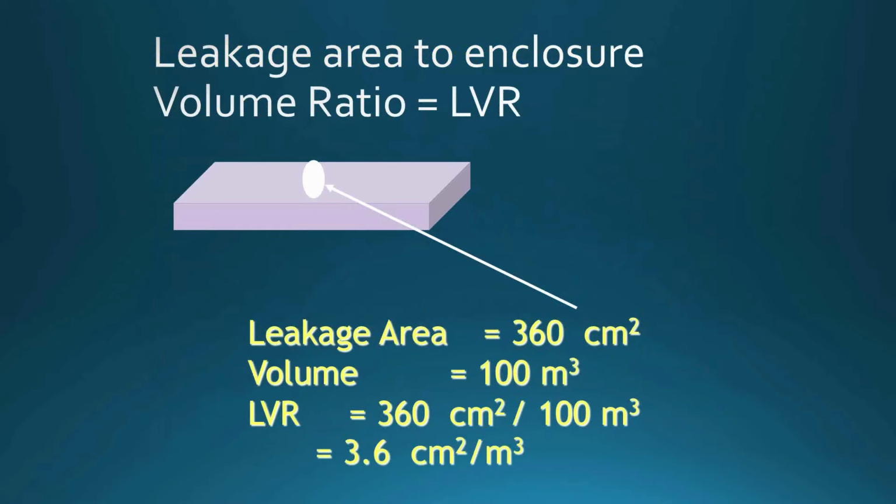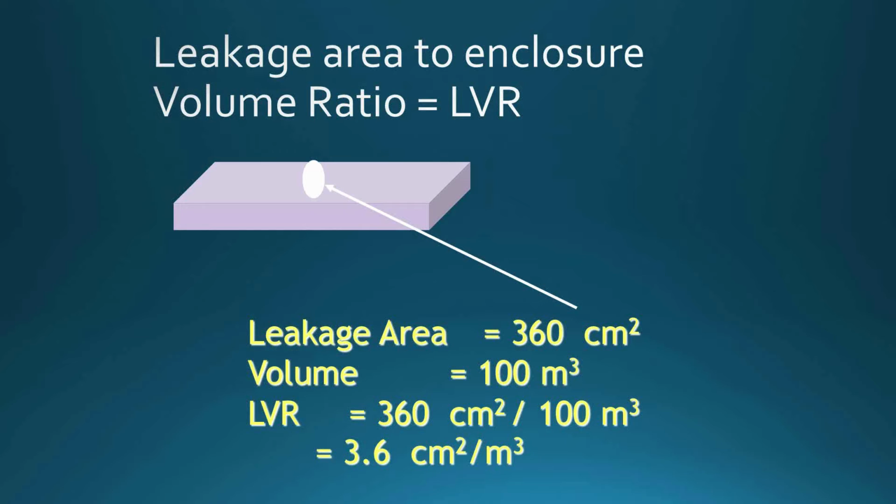So the measure that we utilized for evaluating enclosures was the leak to volume ratio. So we were able to plot the leak to volume ratio versus the peak pressure. You can also use the peak discharge rate. Leak to volume ratio and peak discharge rate are somewhat synonymous.